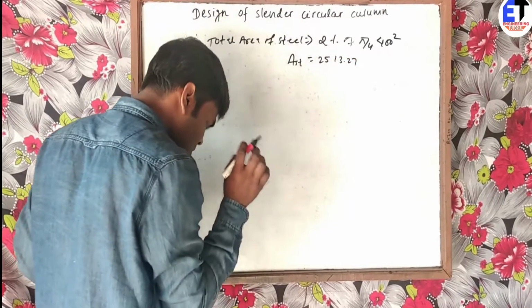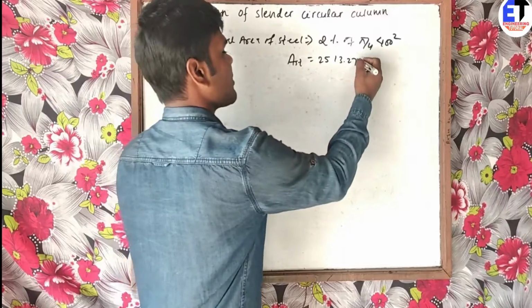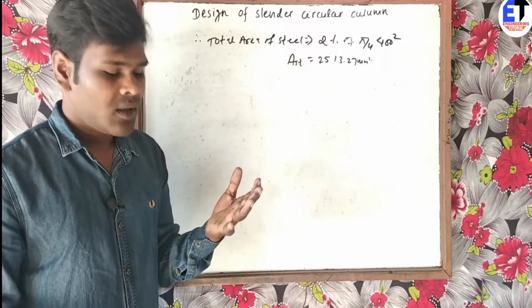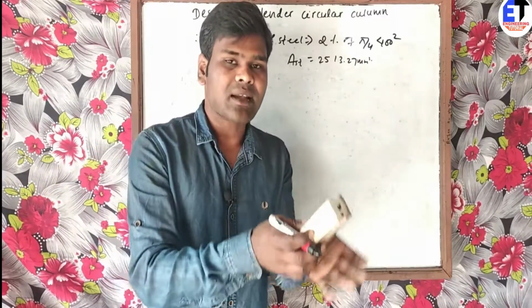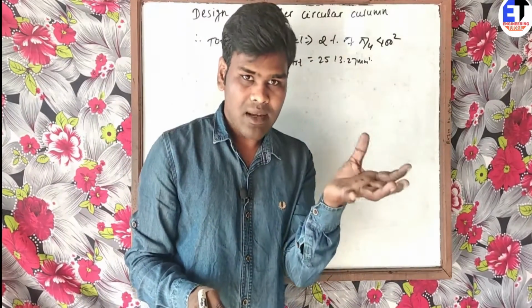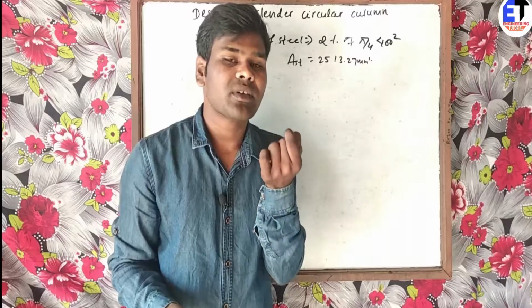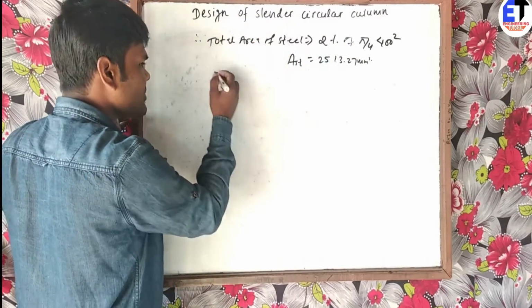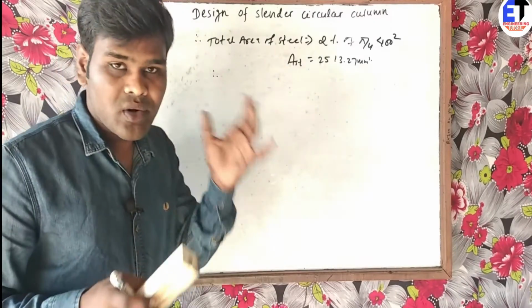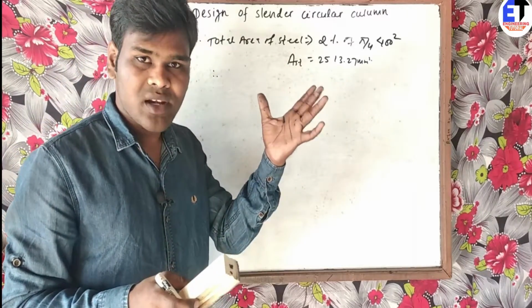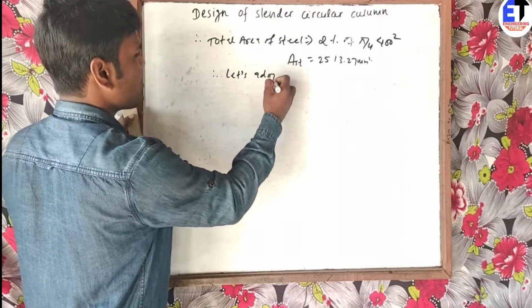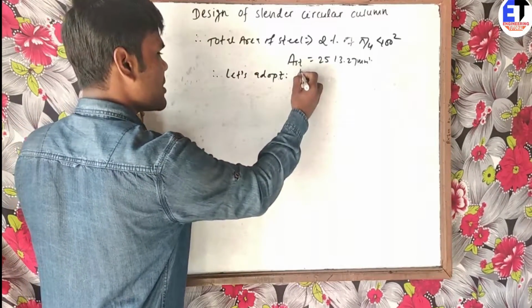The area of steel is 2513.27 square millimetres. That is a big area. In the market, bar diameters lie between 6 and 25 mm. So now we are going to adopt a diameter of 25 mm for the main bar.